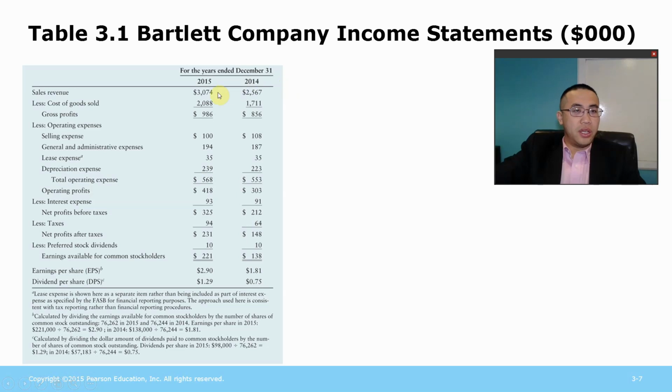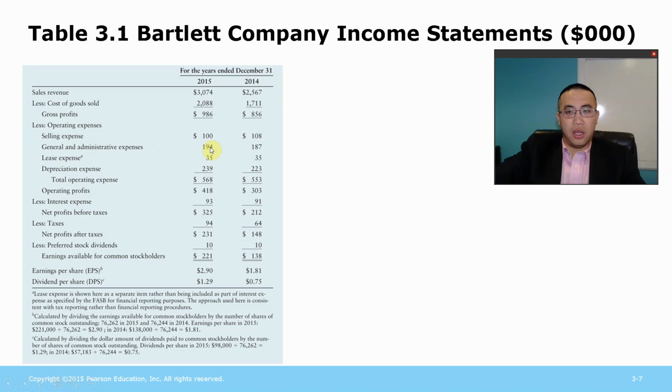And you see the income statement starts all the way from sales revenue, and then you deduct cost of goods sold, which is your variable cost varying with the number of units produced. After you deduct the cost of goods sold, you will see the gross profits. And then you deduct these operating expenses or the fixed costs, which include selling expenses, general and administrative expenses.